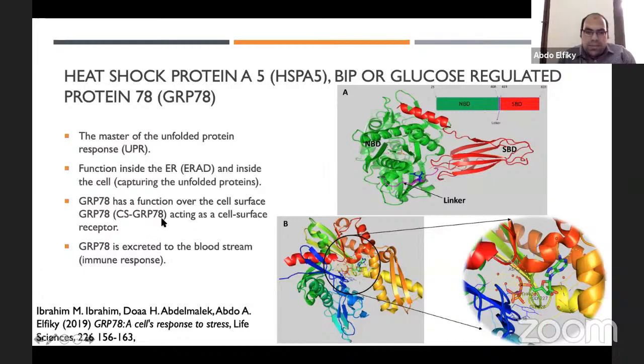So this protein can help the virus or pathogen to enter the cell. This is reported for Zika virus, hepatitis C virus, dengue virus, and for MERS and COVID-19. So GRP78 can help the coronavirus to enter the host cell.